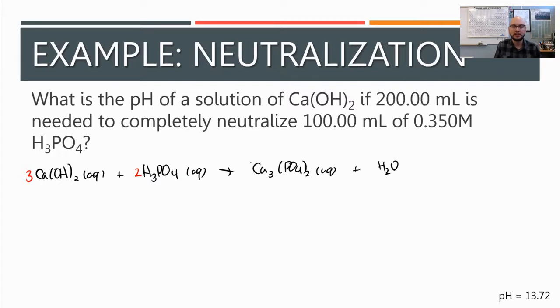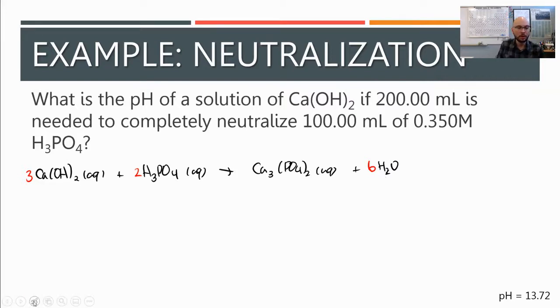And then I can see that that balances those out. And I've gotten them both to 6, which means that I'm going to produce 6 water in the end. So now I've got 3 calcium on the reactant side, 3 on the product, 2 phosphates on the reactant, 2 phosphates on the product, and I've got the correct number of hydrogen and oxygen on the product side as well.